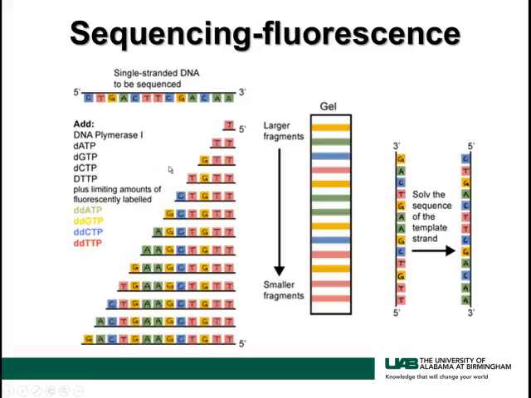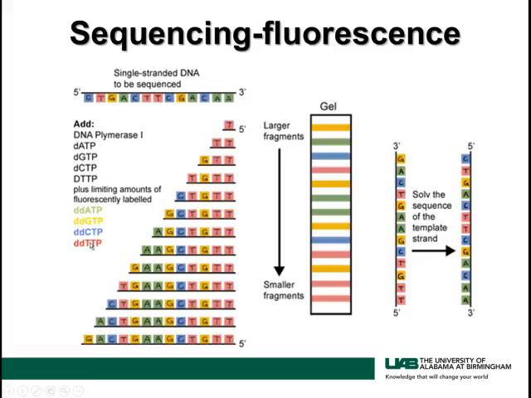The difference, though, since the primer is not labeled, is that each one of these has a dye attached to it, okay? So the A lane is going to fluoresce green, G lane is going to fluoresce yellow, C lane is going to fluoresce blue, and T lane is going to fluoresce red.